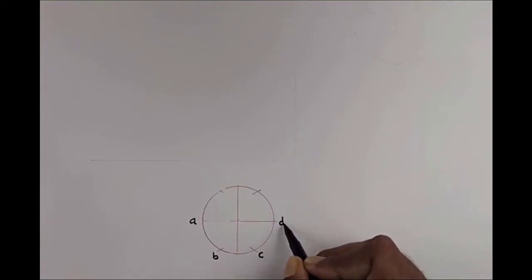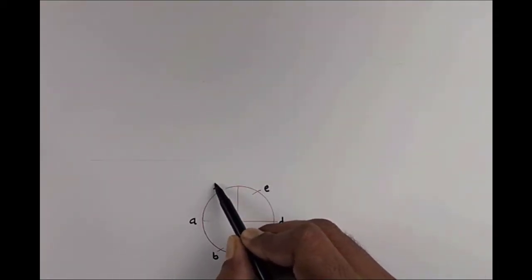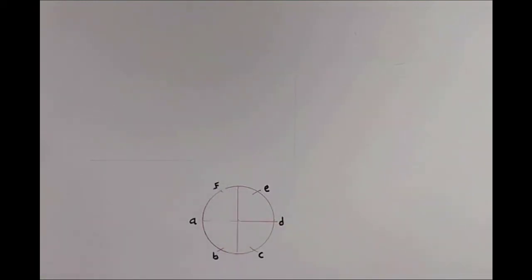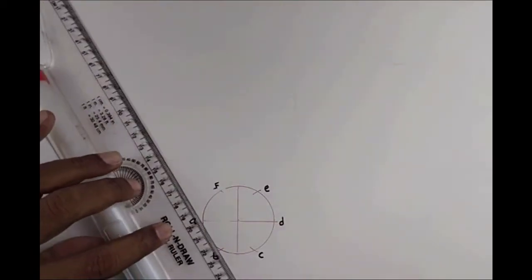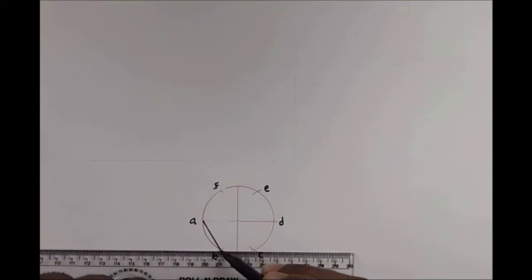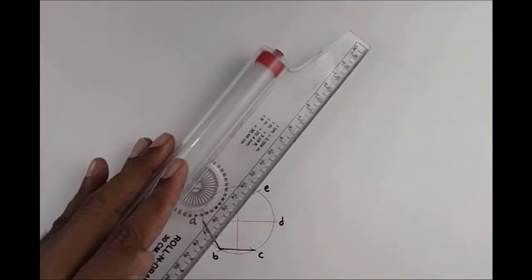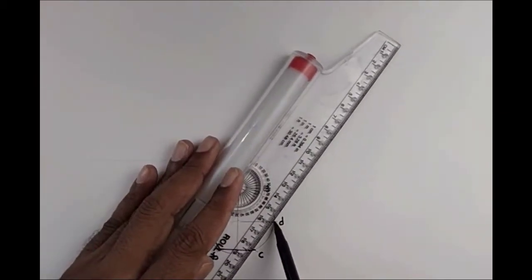This is my corner B. This is C, D, E and F. So I join all the vertices of the hexagon with a straight full line, because the top view of the base is fully visible.